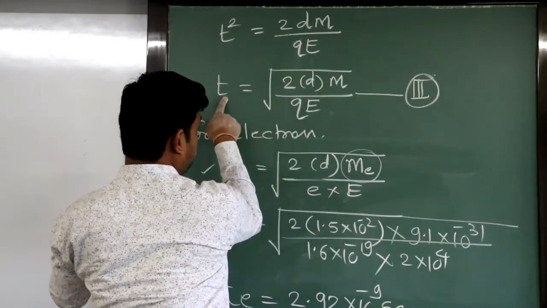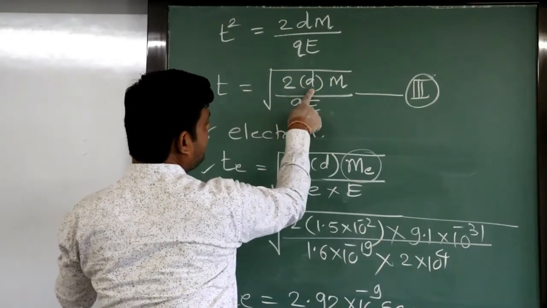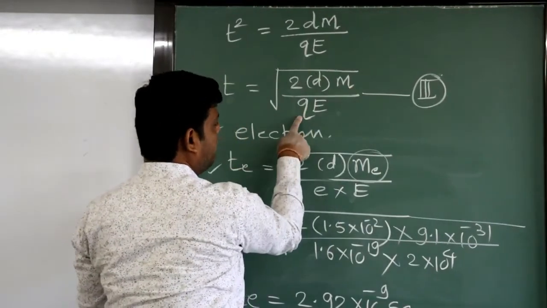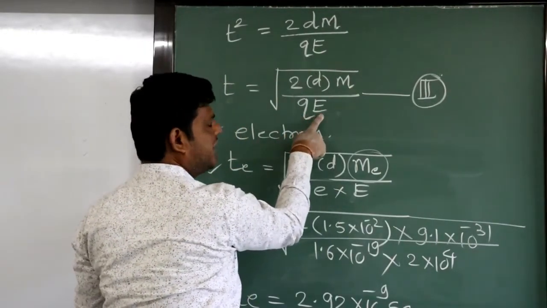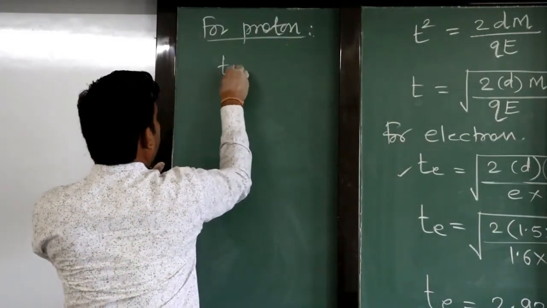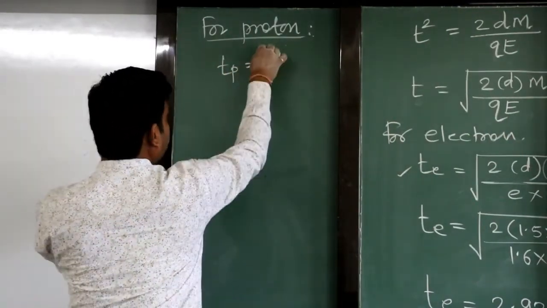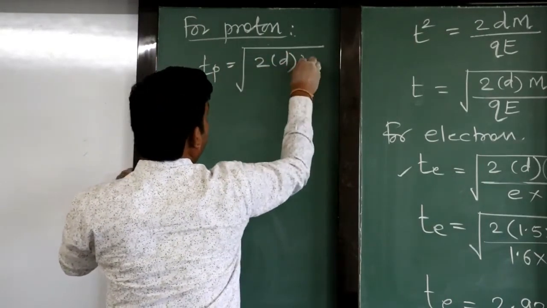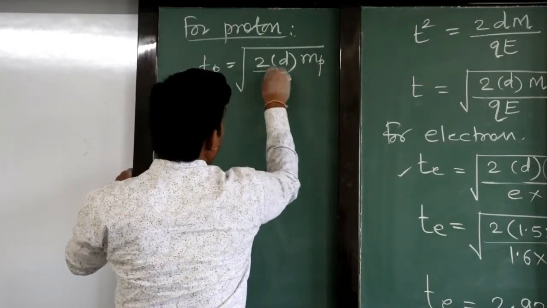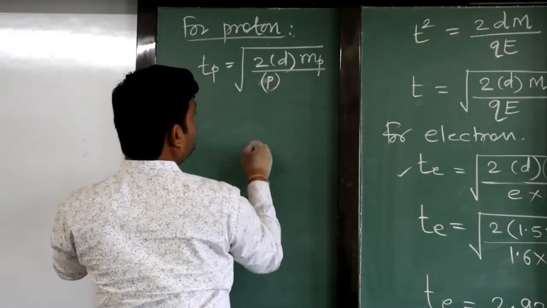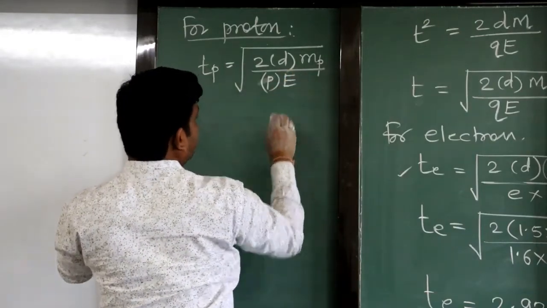Time for the proton, Tp: 2d as it is, m is the mass of the proton, and for q we write the proton charge, and the electric field remains as it is. So the time of the proton Tp equals under root 2d mass of proton divided by p, the charge of the particle, and this E remains as it is.